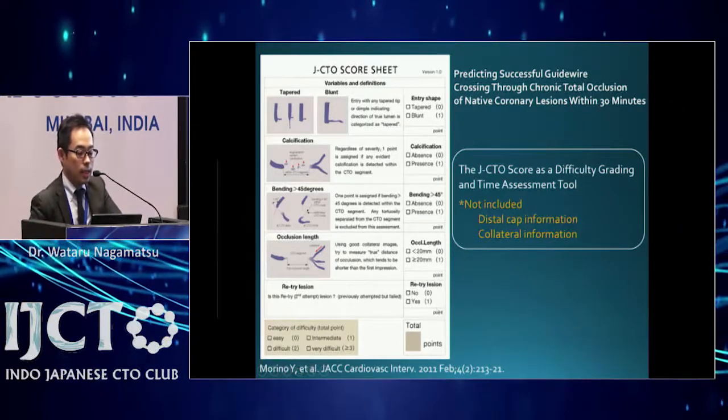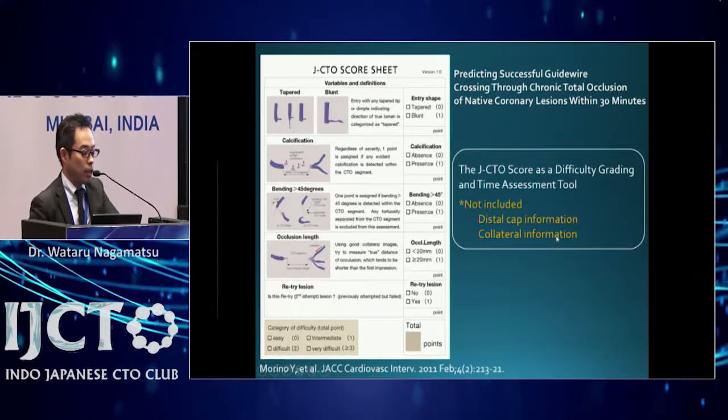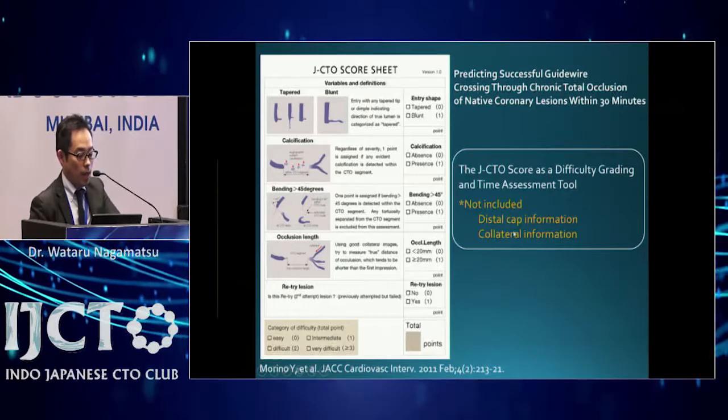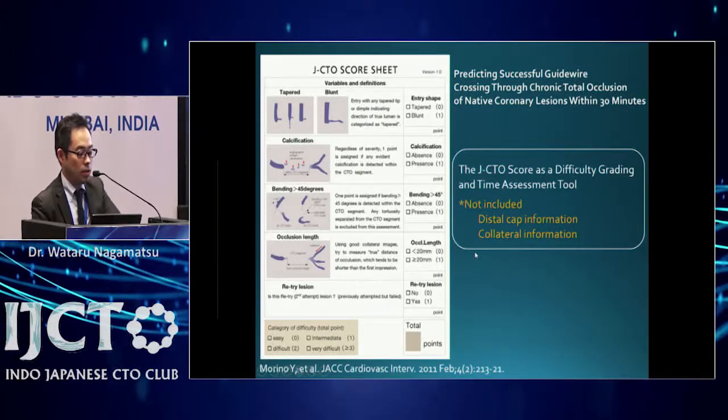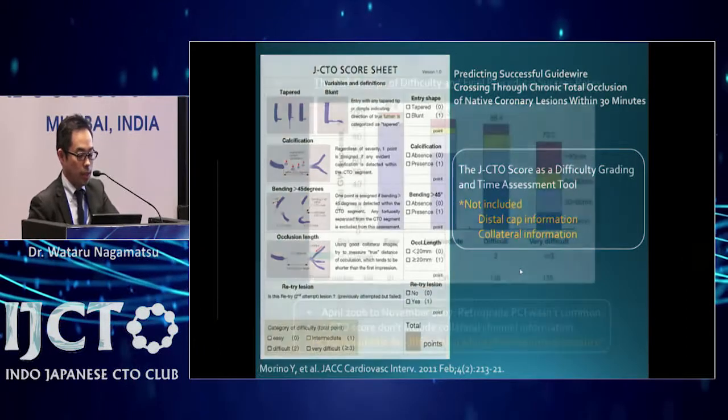The J-CTO score is a very nice difficulty grading and time assessment tool. But please note, it does not include distal cap information and collateral information.